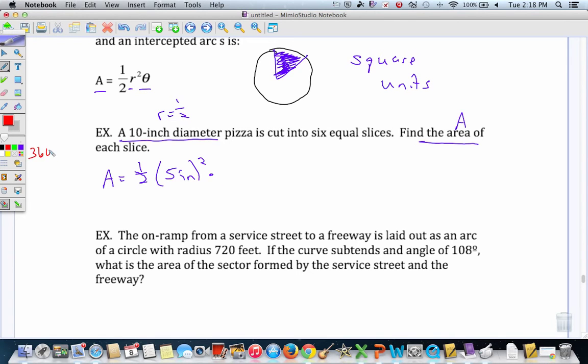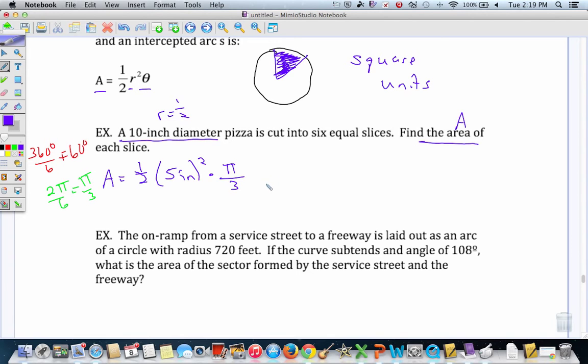So that's being squared. And if our pizza is cut into 6 equal slices, I'm going to show the degree measure over here. We could take 360 and divide it by 6 and get 60 degrees. Or I'm going to shortcut it. I could take 2 pi and divide it by 6, and that would give me an angle of pi over 3 radians.